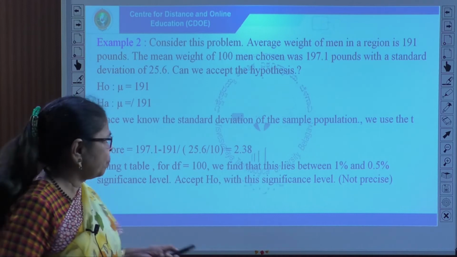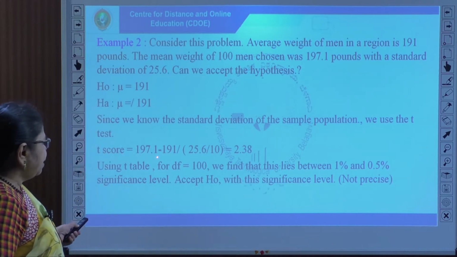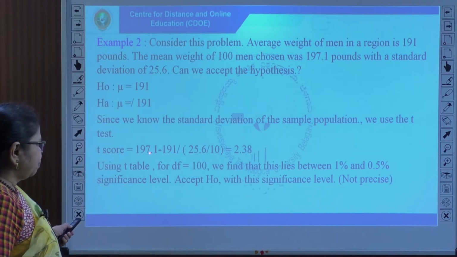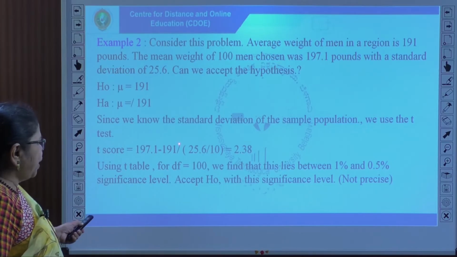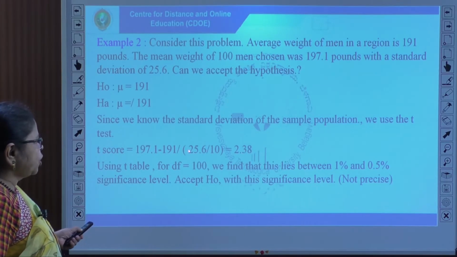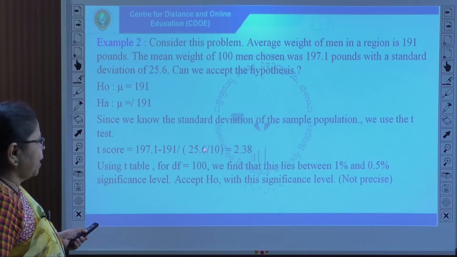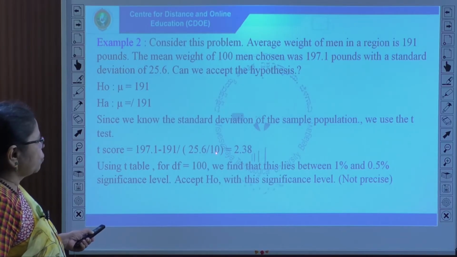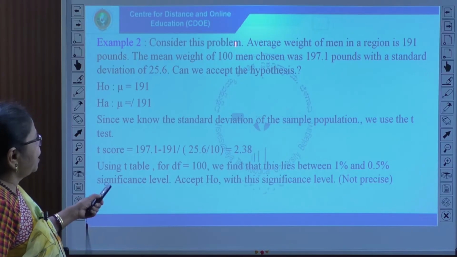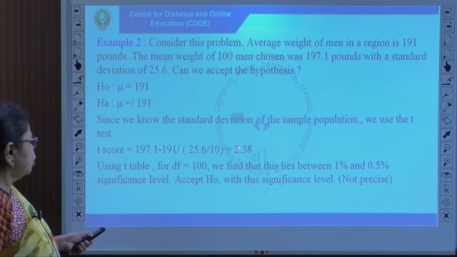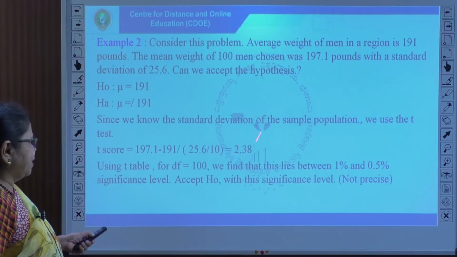The formula is the same: the mean of the sample, 197.1, minus the mean of the population, 191, divided by the standard deviation of the sample, 25.6, over the square root of the sample size 100. Root 100 is 10, so t is 2.38.